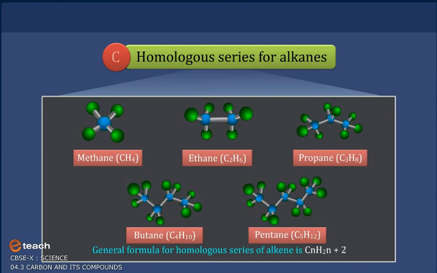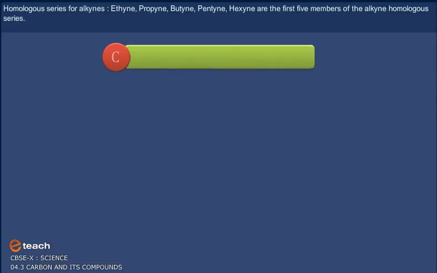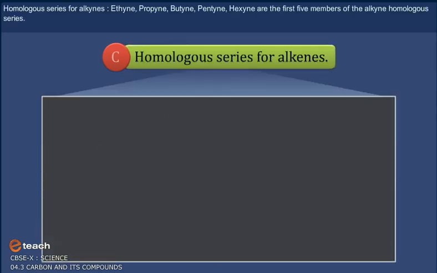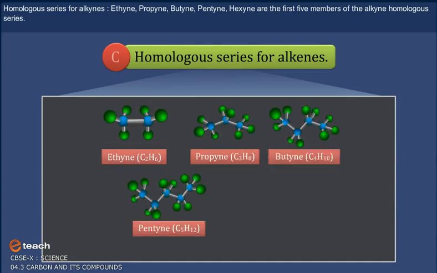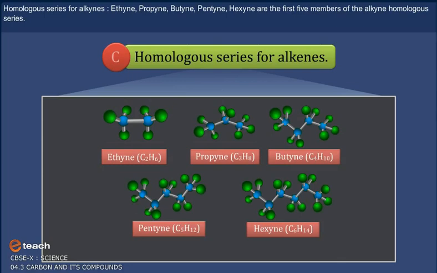The general formula for the homologous series of alkanes is CnH2n plus 2. Homologous series for alkynes. Ethyne, propyne, butyne, pentyne, hexyne are the first 5 members of the alkyne homologous series. The general formula is CnH2n minus 2.